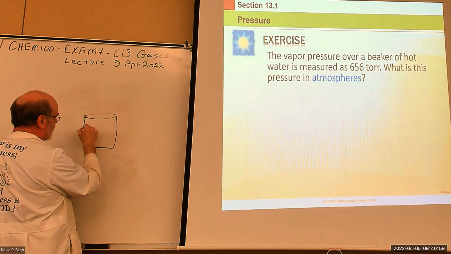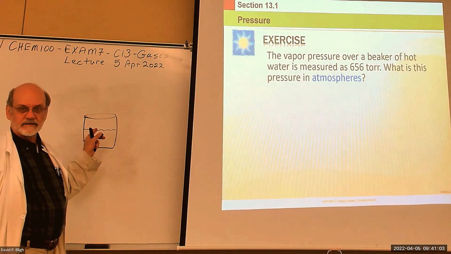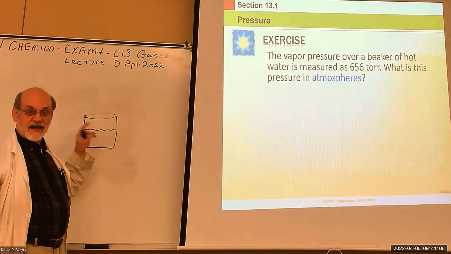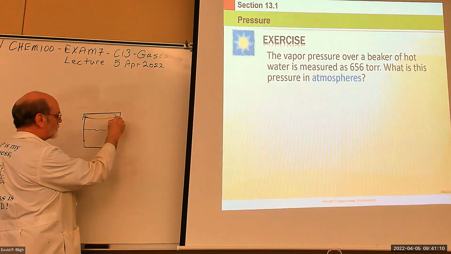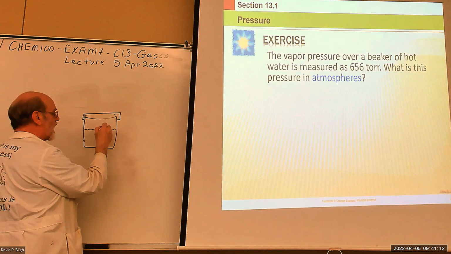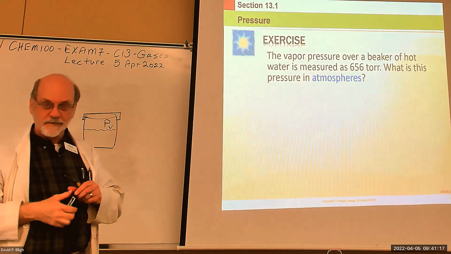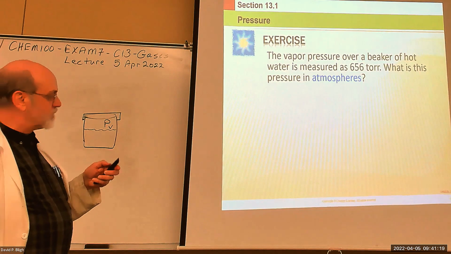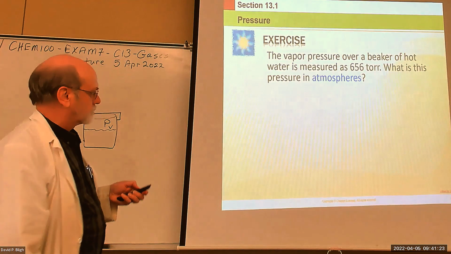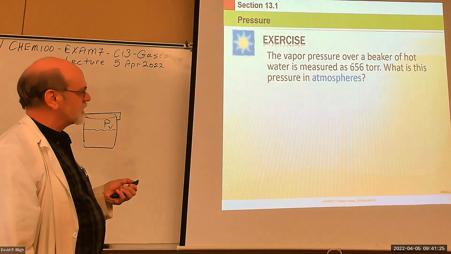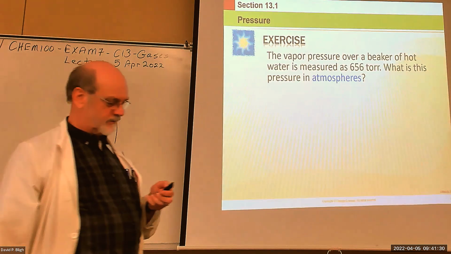So if you have your beaker and you have water in here, then how do you know the vapor pressure inside? It has to be enclosed. It has to be sealed. Now you have a pressure in here, a vapor pressure. Right? So we measured the vapor pressure in there with our manometer and found it to be 656 torr. So what's that pressure in atmospheres?